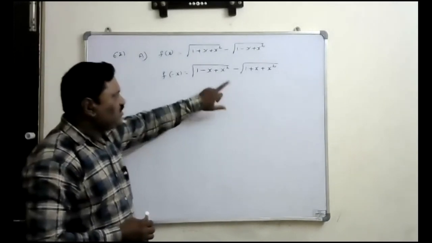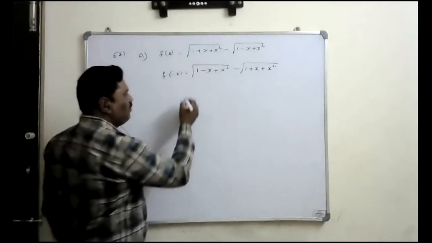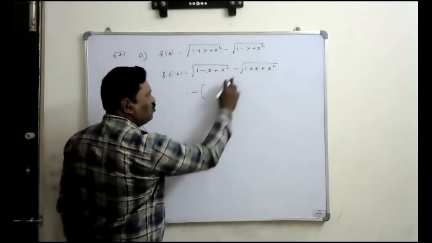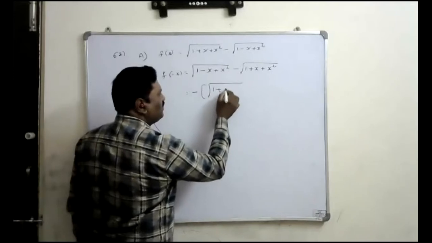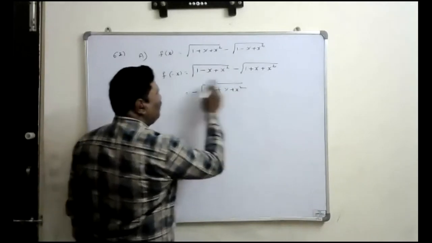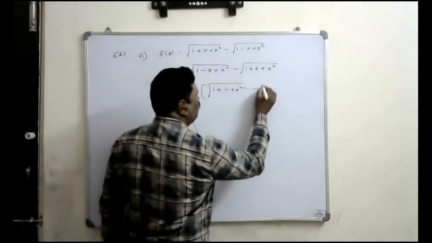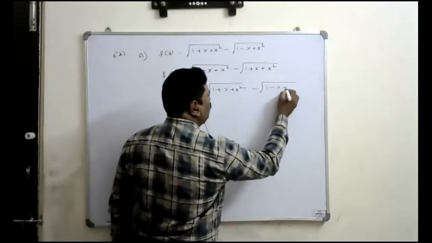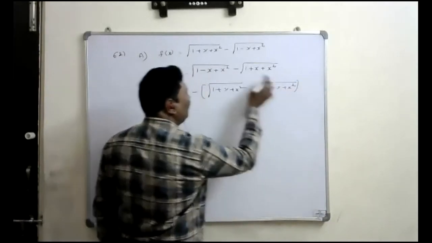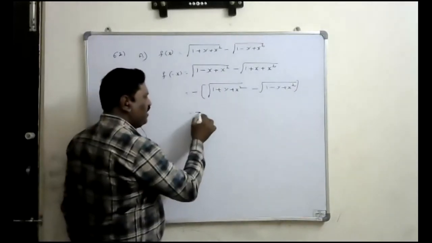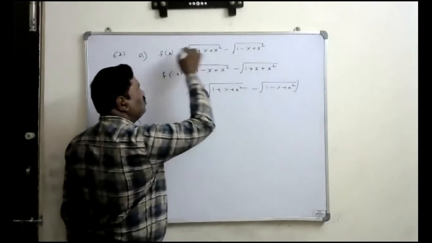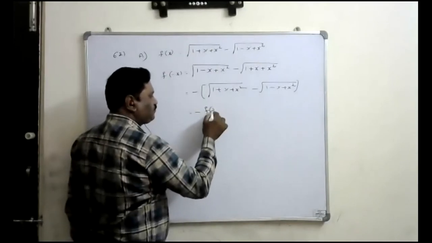Now take the minus common from these two. Taking the minus common, we get plus root over 1 plus x square, and here minus root over 1 minus x plus x square. This is what we get if we take the minus common from these two. Now if you observe, this is again the given function only, that is minus f of x.